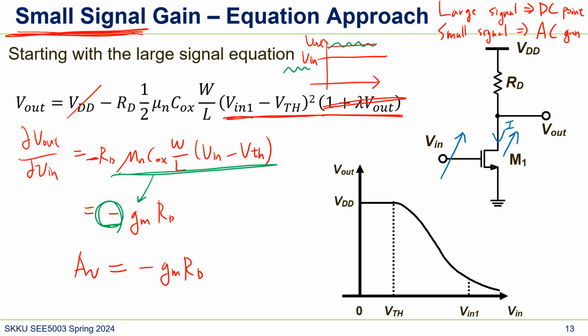What happens if the current increases? There's more voltage drop, right? And then Vout is VDD minus RD ID. If there's a larger ID, then Vout will decrease. So they're operating in opposite. If we increase Vin, then Vout will decrease.